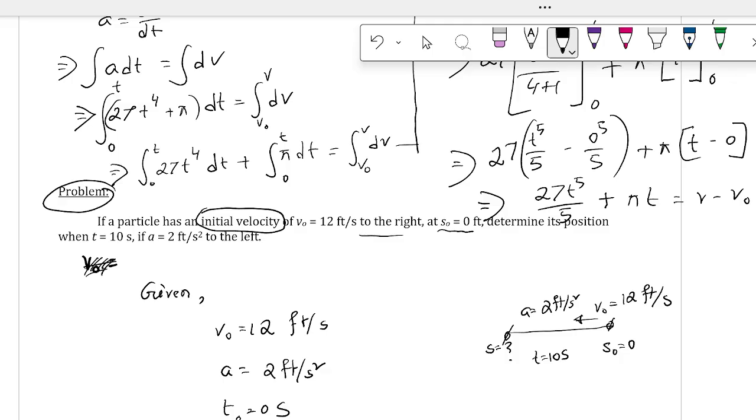Engineering materials. Materials, 127A. Yeah.